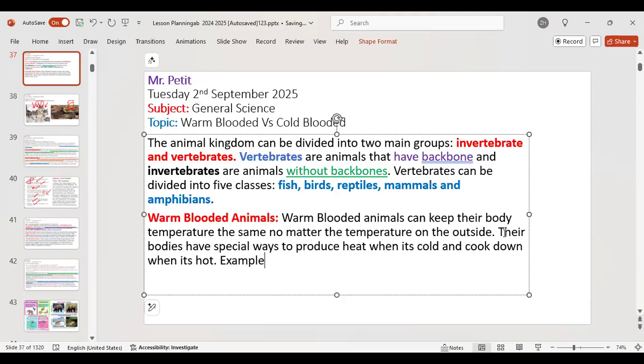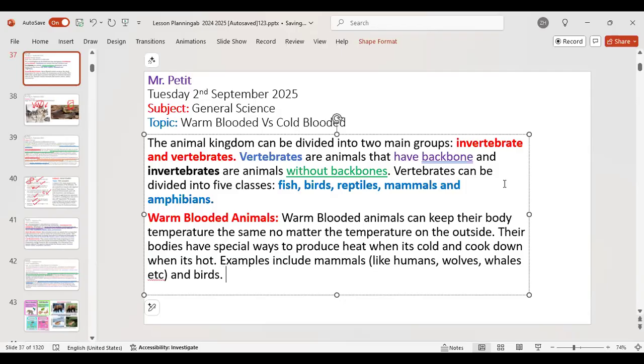What are some examples? Humans. Yes, examples include mammals, like humans, wolves, whales, etc. And birds. So birds are also warm-blooded.